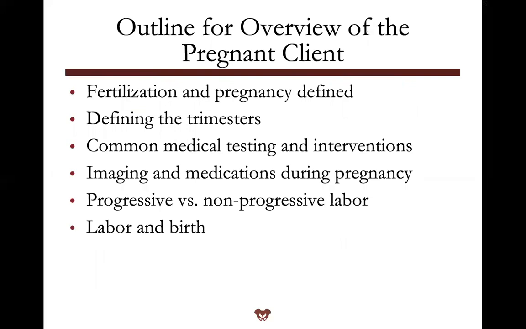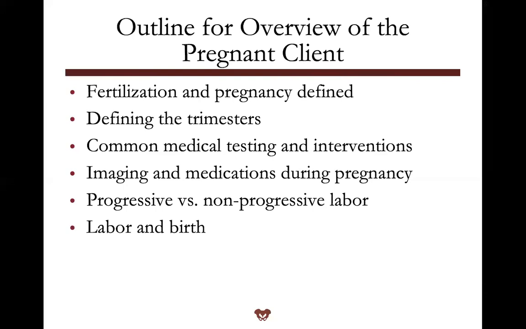So the outline for the topics that we're going to discuss in this overview lecture, we're going to define fertilization and pregnancy and the different trimesters and talk about common medical testing and interventions within those trimesters. We'll also briefly talk about imaging and medications that are safe or not safe during pregnancy.